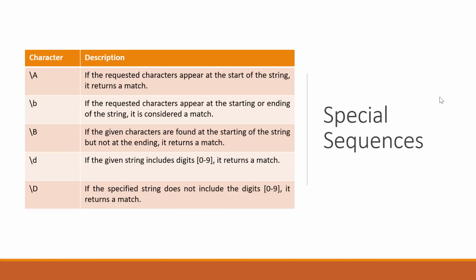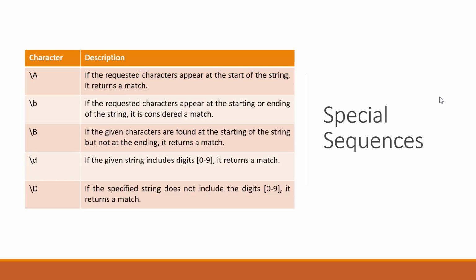Now what is this special sequence? A special sequence in a regular expression consists of a backslash followed by one of the characters from the list, as you can see in the list, and it also signifies some special meaning. The backslash capital A is utilized to check if the required characters appear at the start of the string.